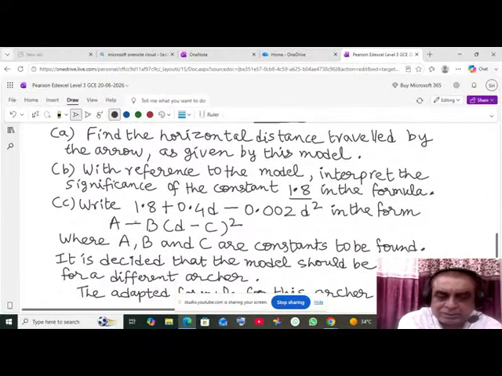In part C, it is asking: write 1.8 plus 0.4d minus 0.002d squared in this form.